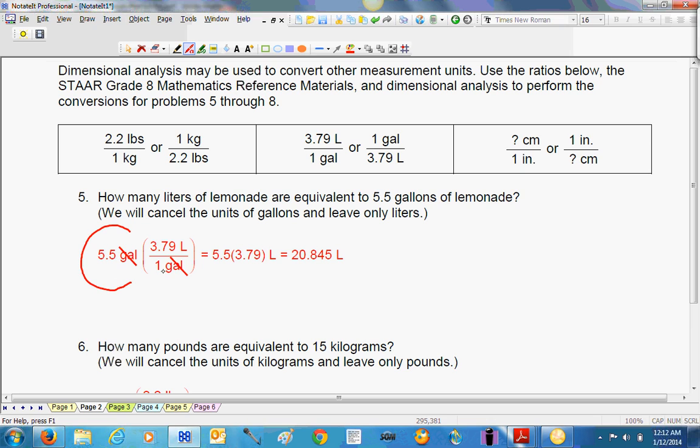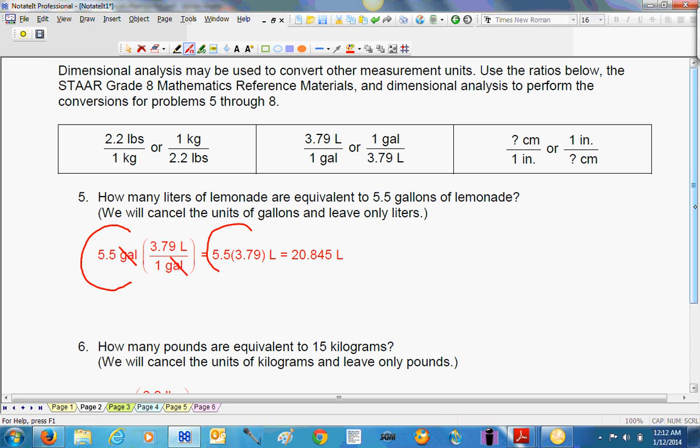Gallons cancel. So we're left with 5.5 times 3.79, as we are showing here. And from here, we know that the only unit we have left is liters. So our answer, once we multiply the constants, is 20.845 liters.